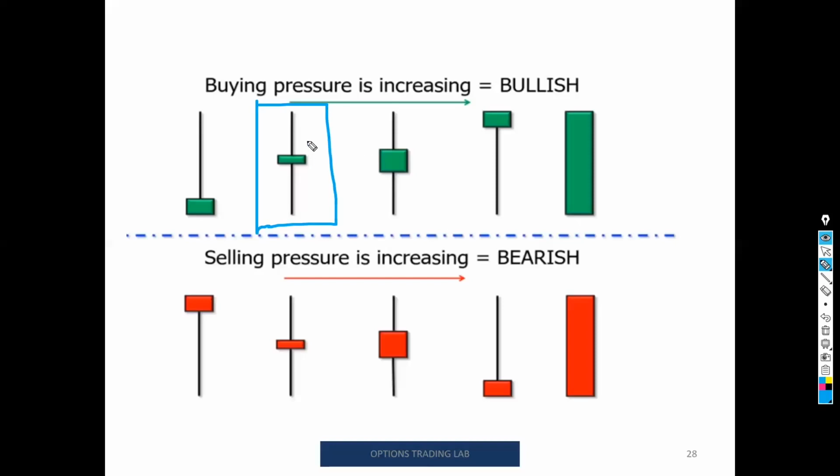This is not showing any strength in the buying side because of the wicks. These wicks are equal in size. That means it is showing buyers and sellers are equal in strength, and we cannot take a trade based on this candle. If this candle forms at the bottom of a downtrend, you have to wait for the next candle.